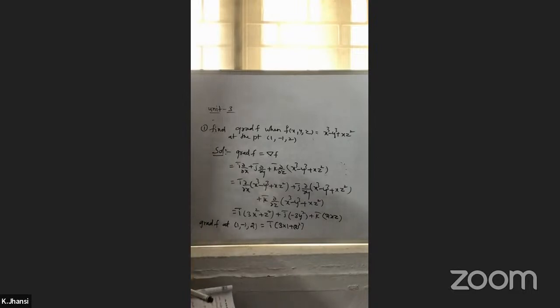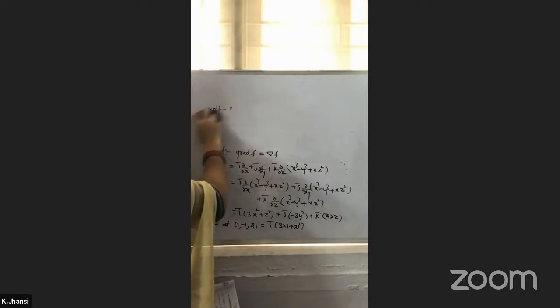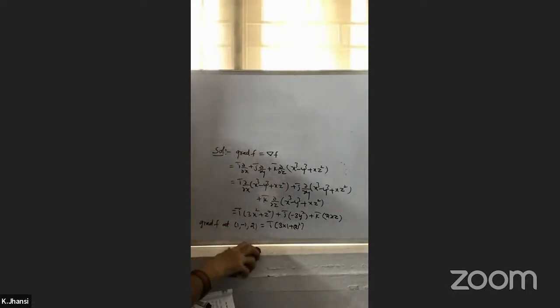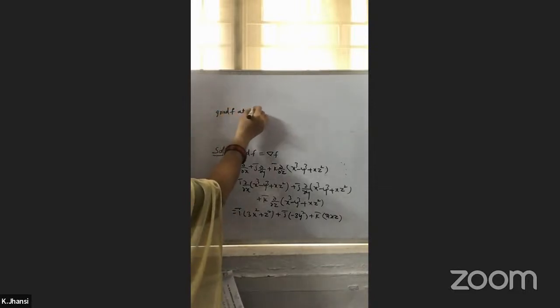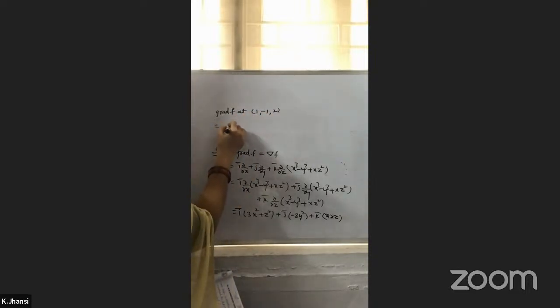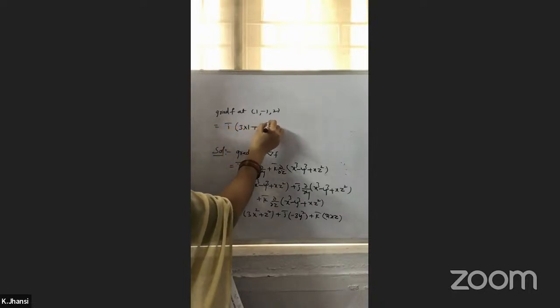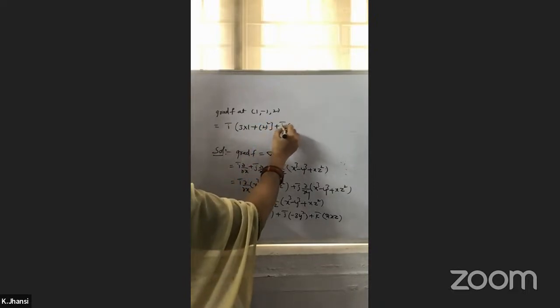I will write it above. It is equal to i into 3 into 1 plus 2 square, plus j into minus 3y square.